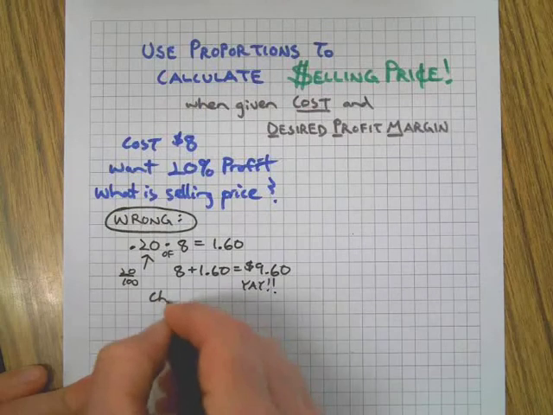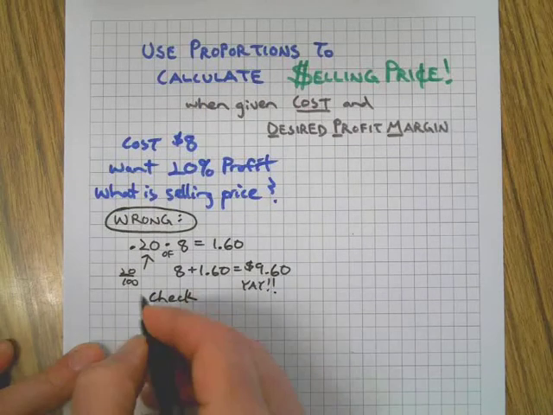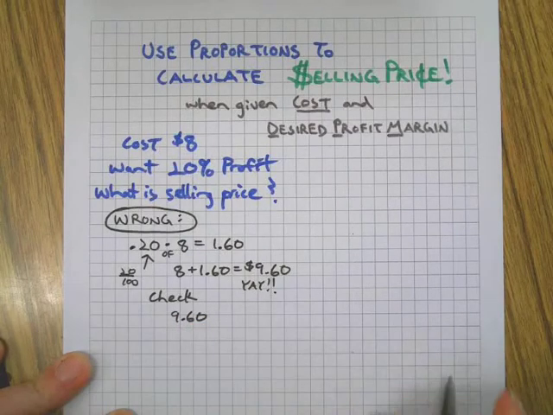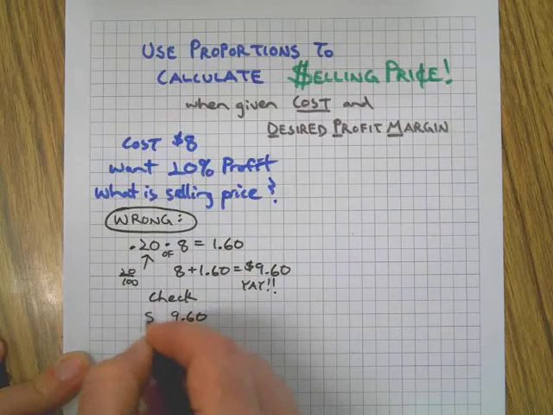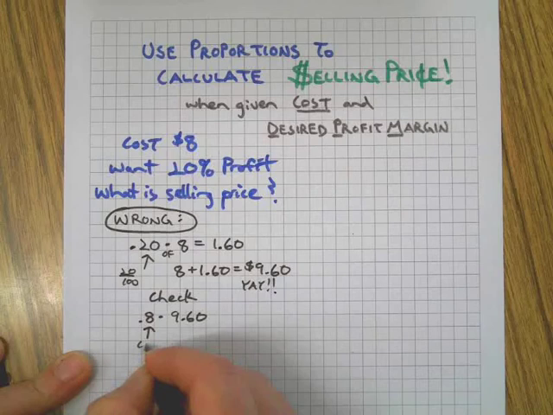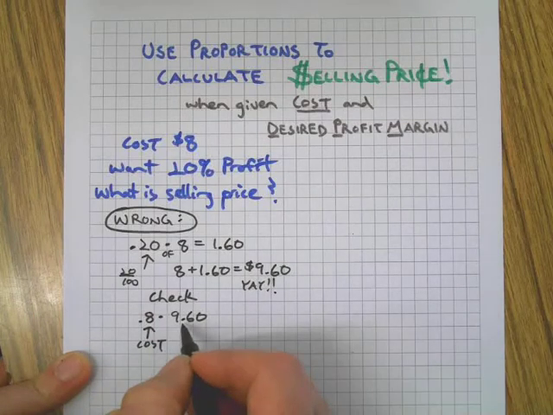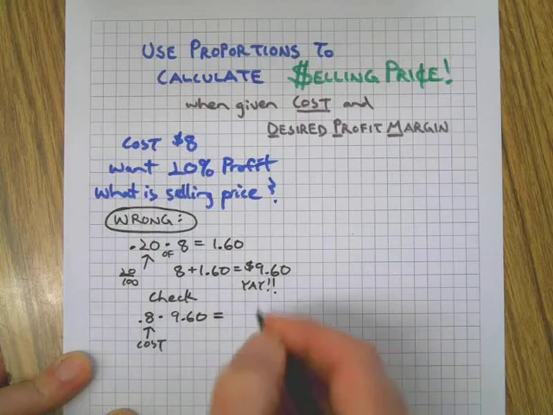But the problem with this is, if we check it and we go, okay, I've got my $9.60 selling price. If it's going to be a 20% profit, if I do 80%, this should get me back to my cost, right? 80% of my selling price is going to leave my profit.